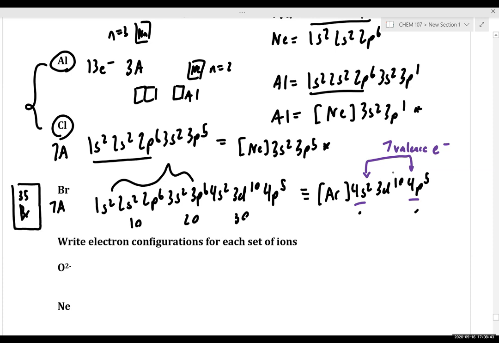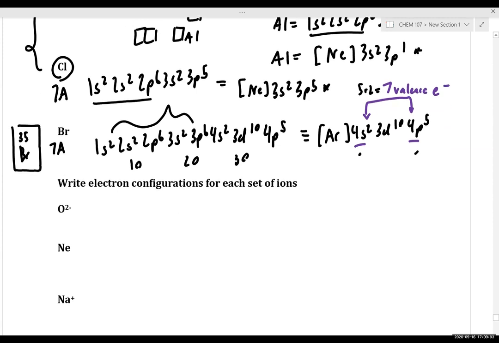We don't add our 3d electrons because they're inner shell. They have a smaller n value, and they're held correspondingly relatively closer to the nucleus. Oh, okay. So the 5 and the 2 is where we're getting 7. Exactly. Thank you.